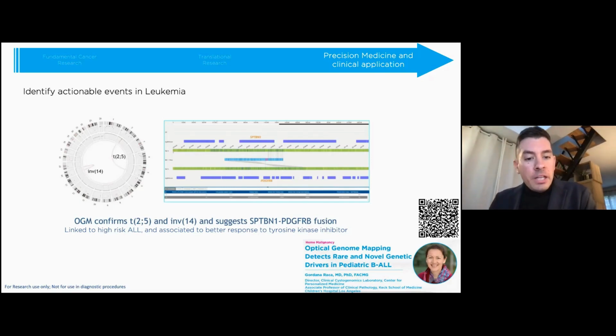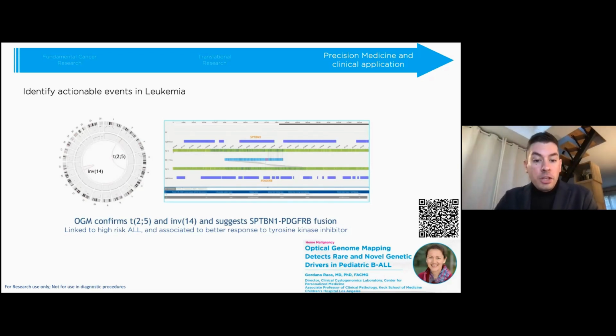And PDGFRB is associated with what they call Ph-like ALL, which is linked to high-risk ALL and associated with a better response to tyrosine kinase inhibitors. So this patient could have been treated accordingly with imatinib or dasatinib if this translocation was better characterized at the time of diagnosis.